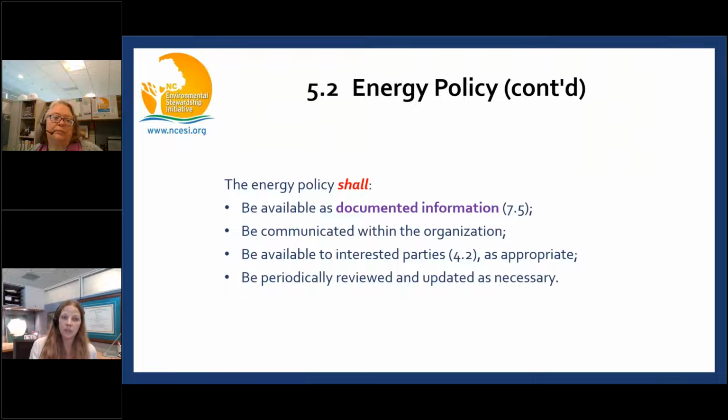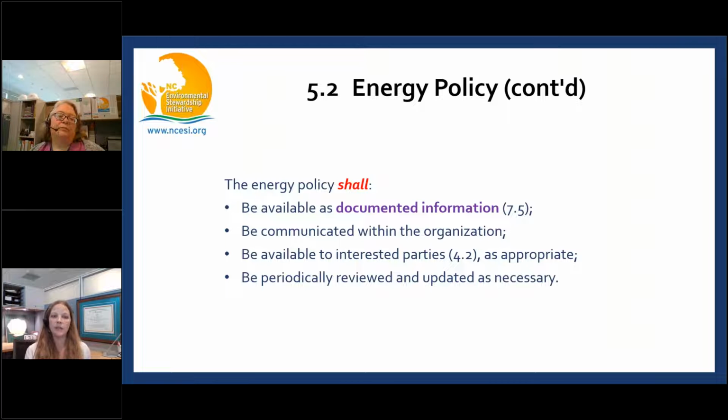Okay. So continuing on with energy policy, the energy policy shall be available as documented information. We'll talk more about documented information in 7.5, but it needs to be available as documented information, needs to be communicated within the organization.